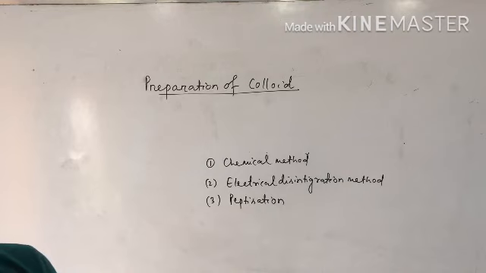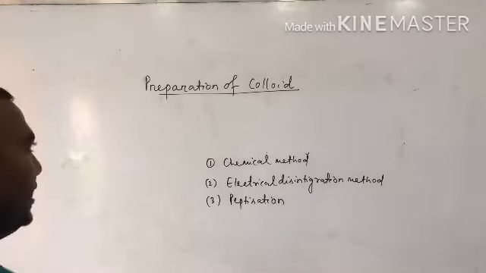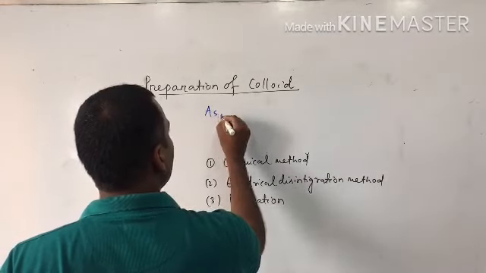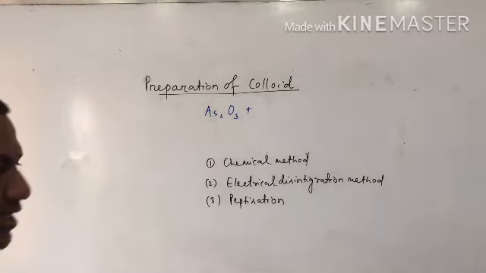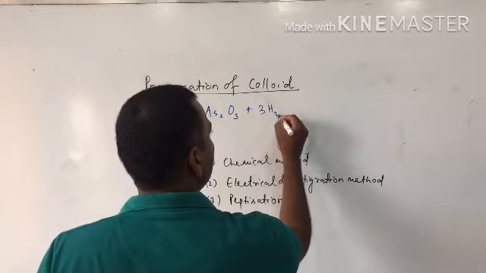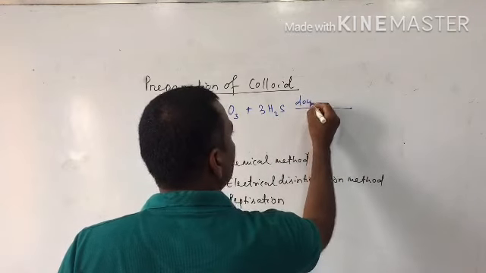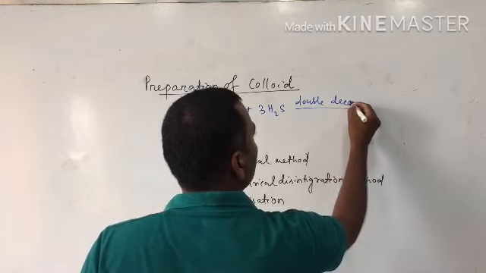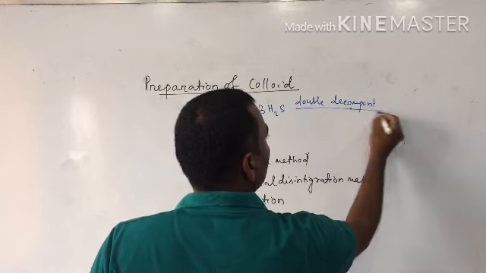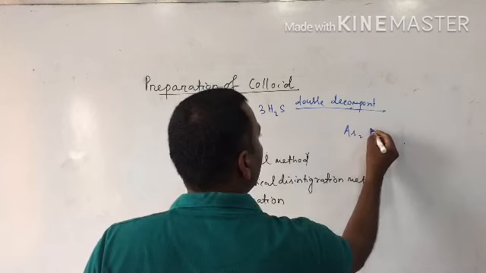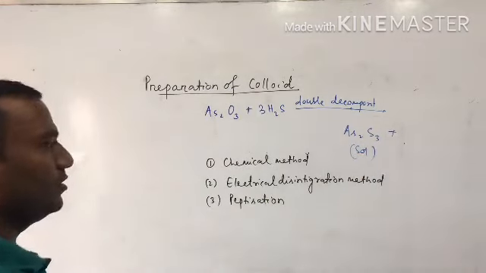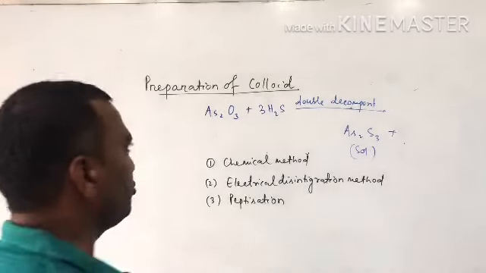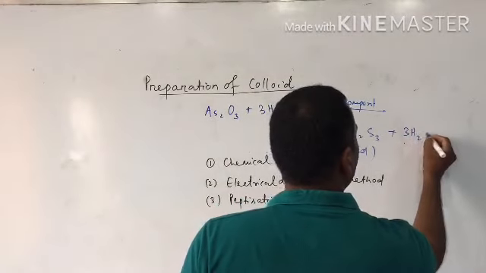Suppose the first one is arsenic sulfide salt. How can we prepare it? As2O3 + 3H2S, by double decomposition, gives rise to As2S3, this is your salt, plus 3H2O.